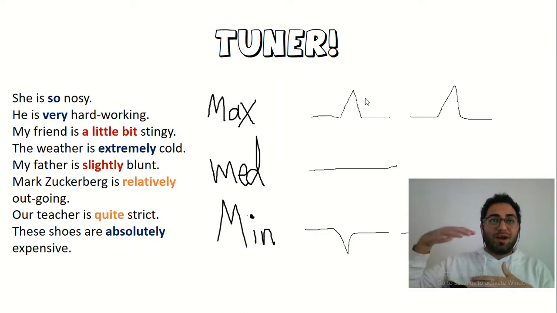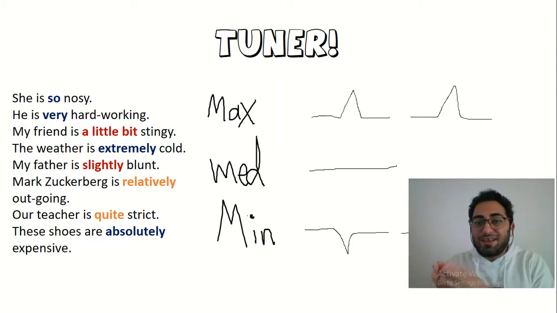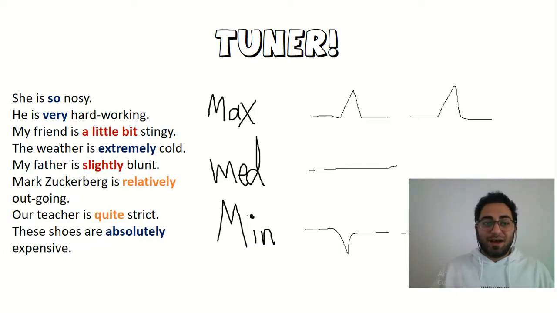So for higher intensity, you have to raise your voice when you get to the modifier in a sentence, right? Like the next one. He is, everybody, very hardworking. He is very hardworking. So we need to raise our voice here for the modifier, and then we can come back again to the normal tune or normal pitch.